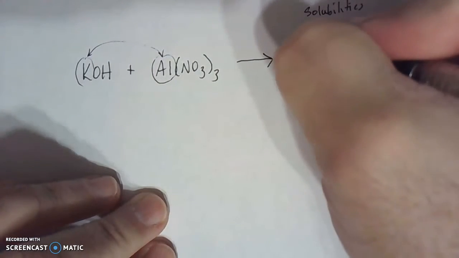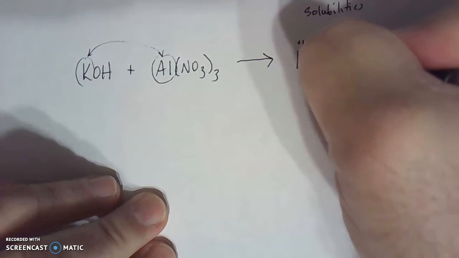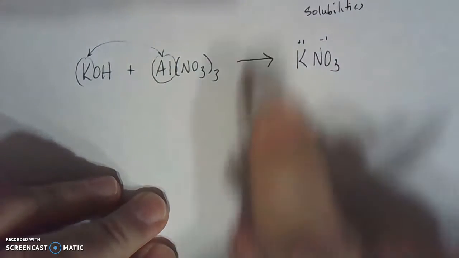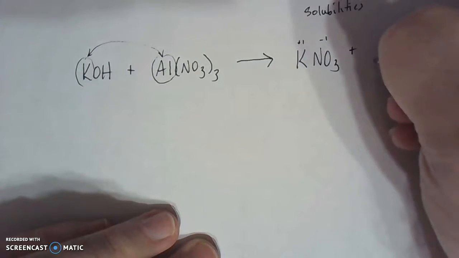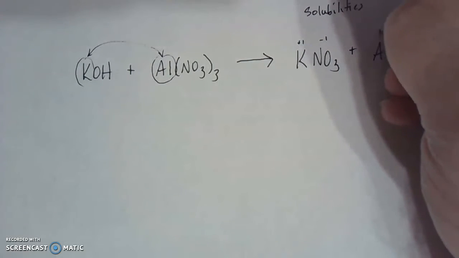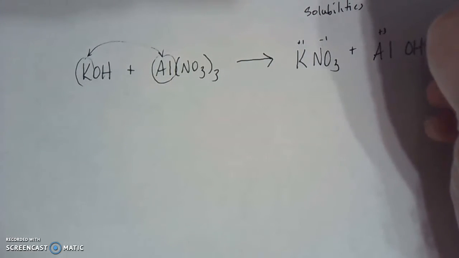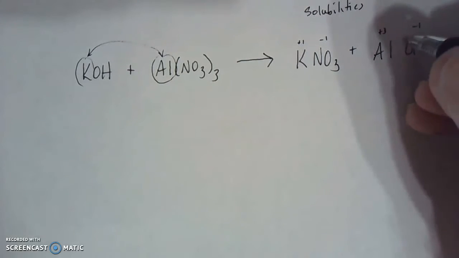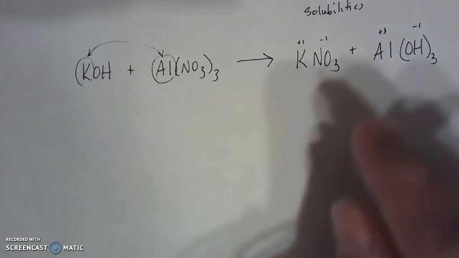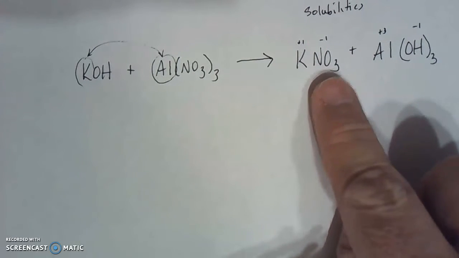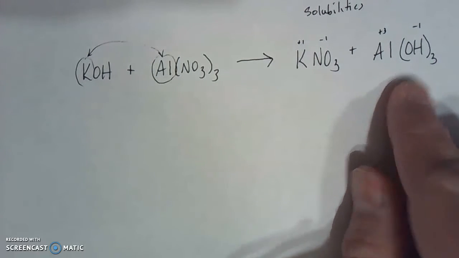So K is +1, NO3 is -1, so those cancel out, so it's KNO3. Aluminum is +3, hydroxide is -1, so when we write the charge of this, we have to have 3 hydroxides for each aluminum to balance out the charges. So now we have to look at these two things and see if we have a precipitate.